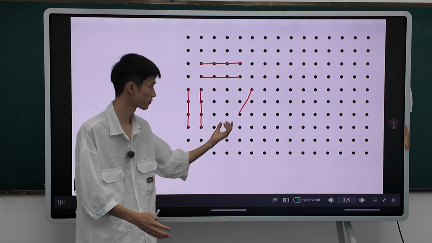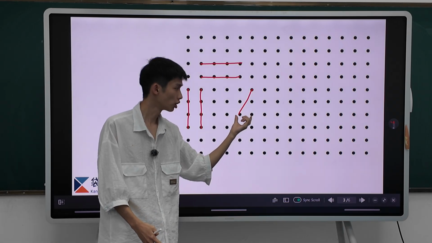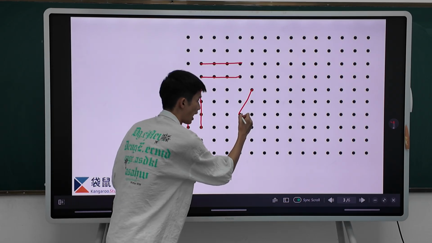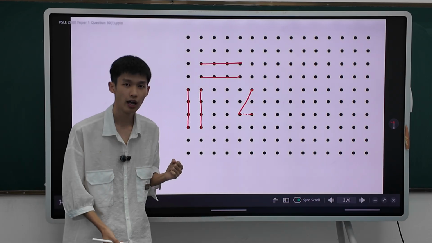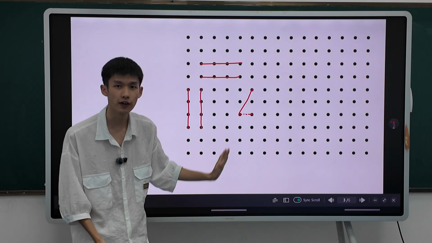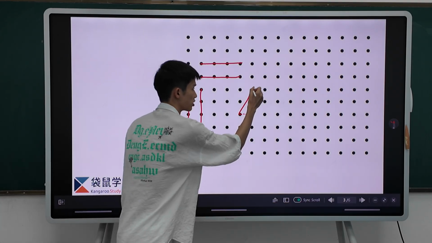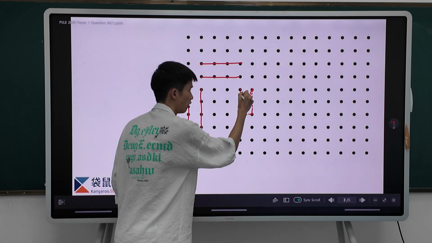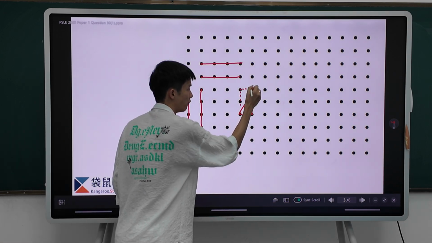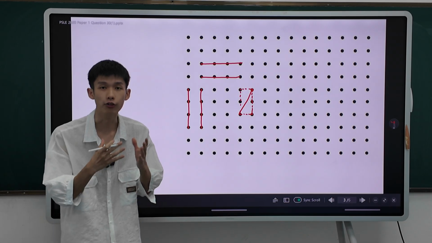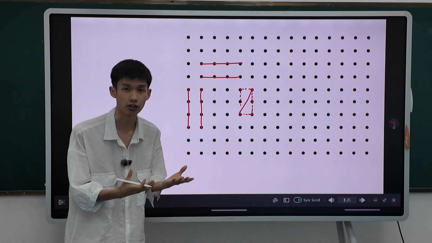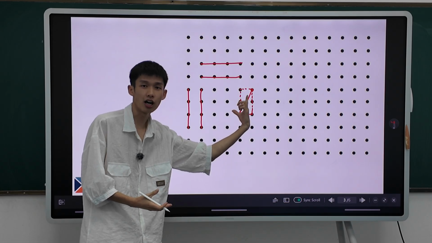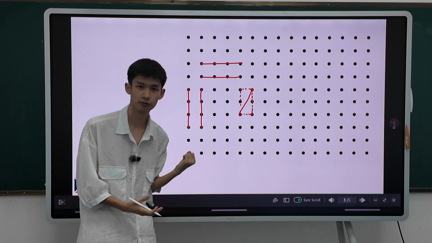Now, let's think about it this way. For this slanted line, horizontally we cross how many units? Over here, I just crossed 1 unit. And vertically, it crosses 2 units. So in this way, horizontal 1 and vertical 2, we are forming a rectangle. The slanted line now becomes the diagonal of this rectangle.